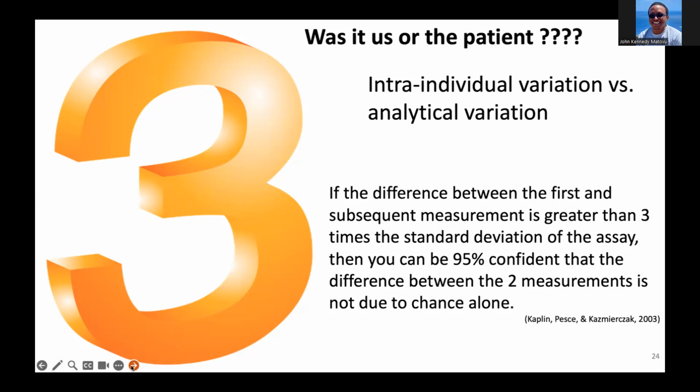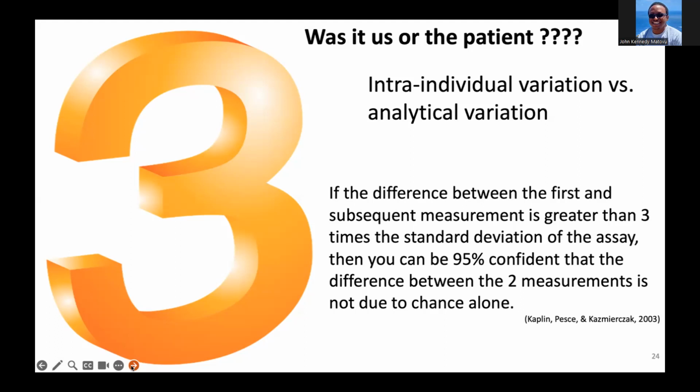So Kaplan, Pace, and Casimir, I do not dare pronounce that last name, but they say that if the difference between the first and subsequent measurements is greater than 3 times the standard deviation of the assay, then you can be 95% confident that the difference between the 2 measurements is not due to chance.